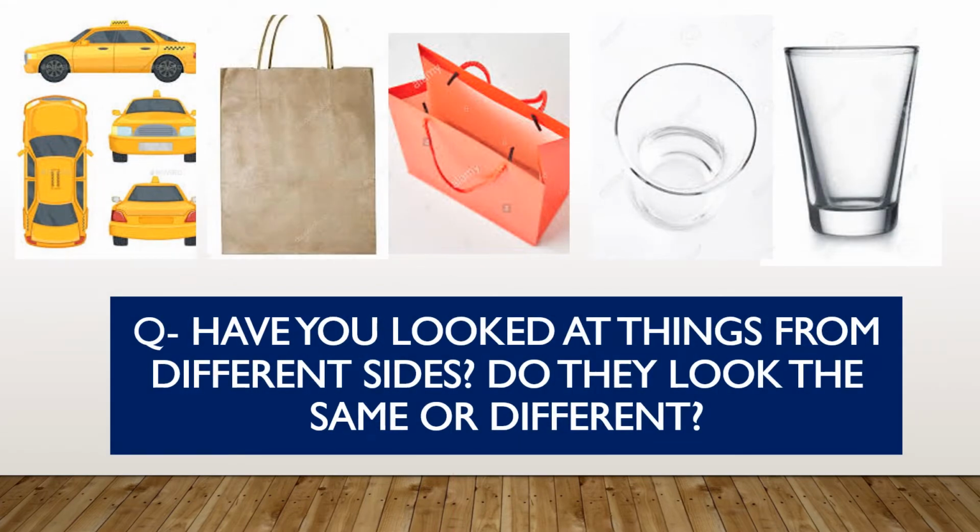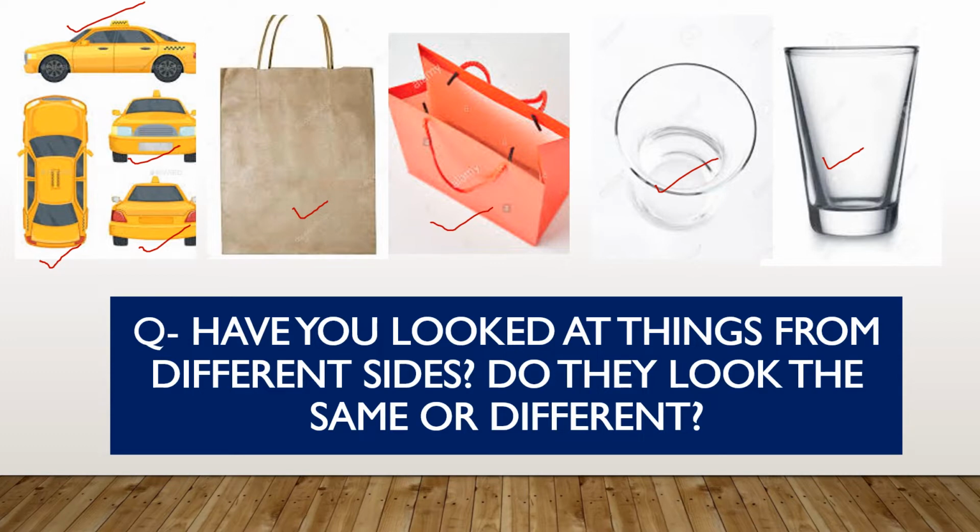Moving forward with this concept, we now look at these questions. The first question asks, have you looked at things from different sides? Do they look the same or different? Here we can see a car in 4 views, a bag in 2 views and a glass in 2 views.